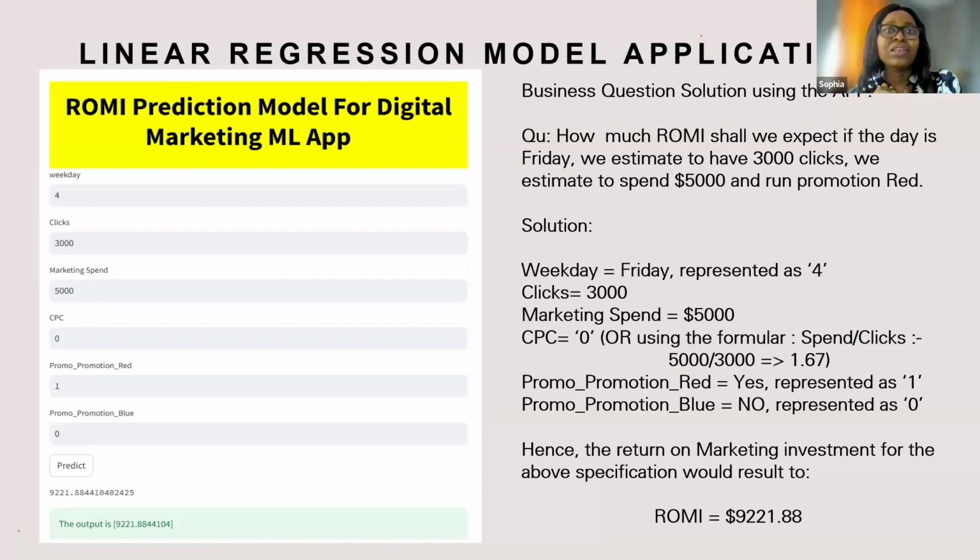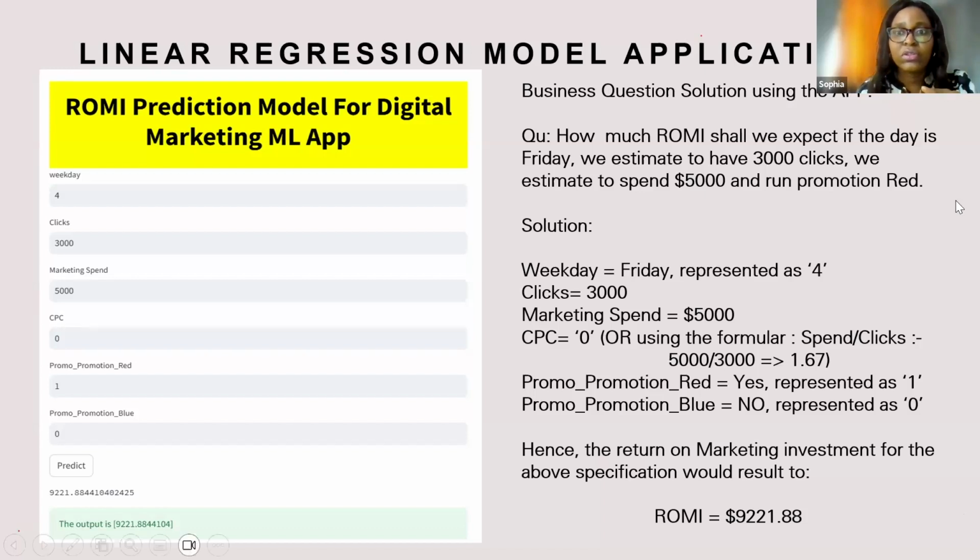So that's basically the question that we wanted to solve using the app that was created. This is one of the questions that management would want to know if they are on the right or wrong track.